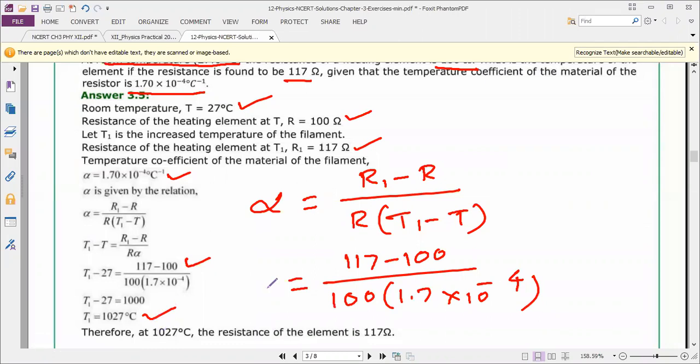The resistance of the element is 117 ohm. So this is the formula. Please note it. Do the calculation part.